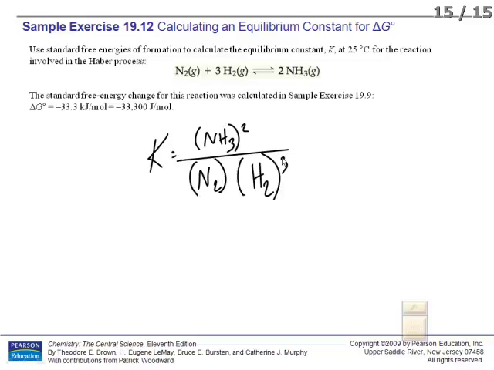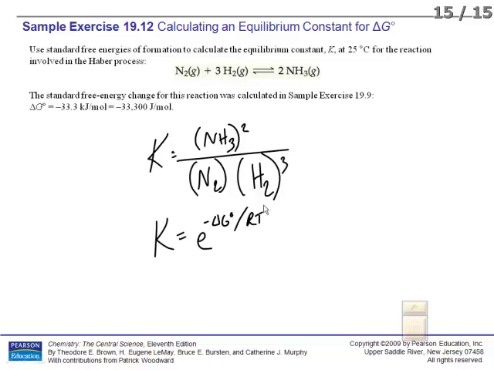Now this is an incredibly important formula. It says solving equation 19.17. Equation 19.17 is on the top of page 829. Super, super important one. Technically, K is equal to e to the negative delta G standard over RT.